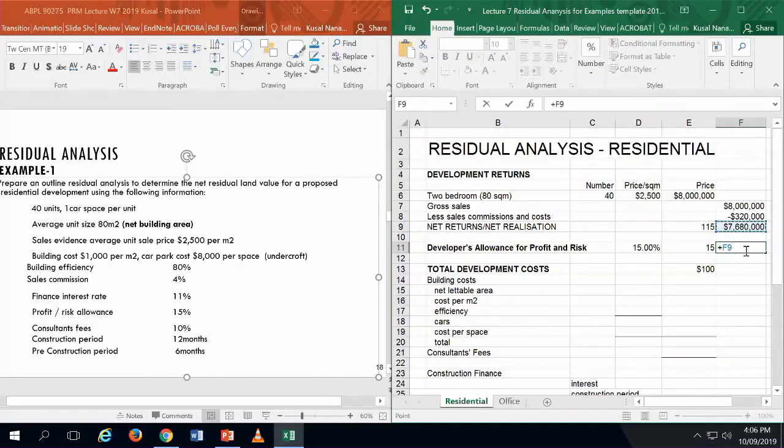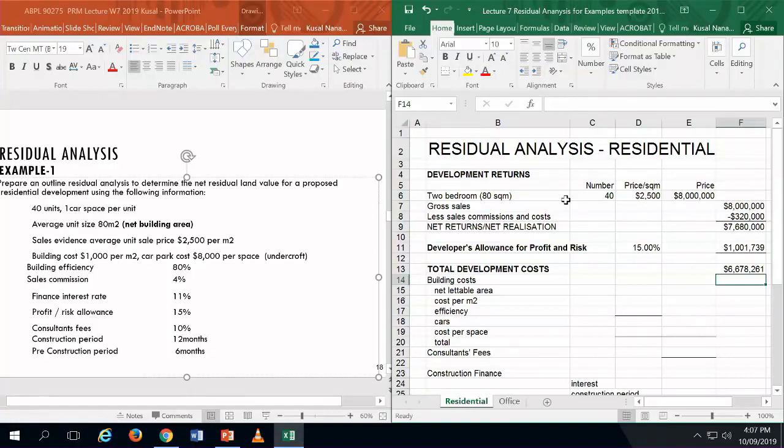This is 115, so this divided by 115, and profit is 15% multiplied by 15. Okay? Right. And then you can calculate the total development cost. This is total development cost, 6,678,000.